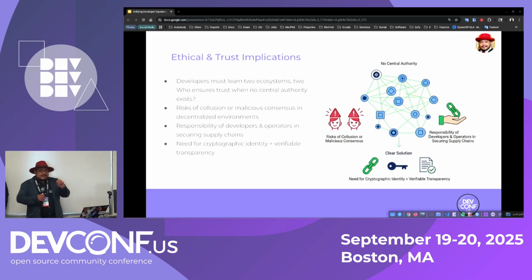You need to consider how to build security into your applications, and how to validate and offer transparency to the user that the application is being used correctly. And you need to maintain ethics, accountability, and trust across your whole supply chain.